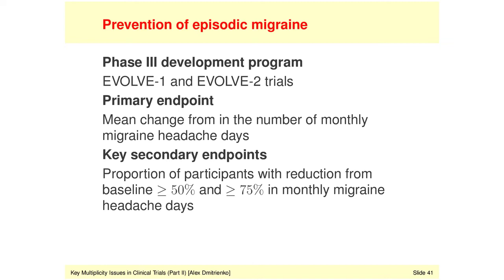The primary endpoint, which is defined on the slide, was based on the mean change in the number of monthly migraine headache days, and there were a number of secondary endpoints pre-specified. Here I would like to call your attention to the first two secondary endpoints that were defined as the proportion of participants with a reduction from baseline of over 50% and over 75% in monthly migraine headache days.